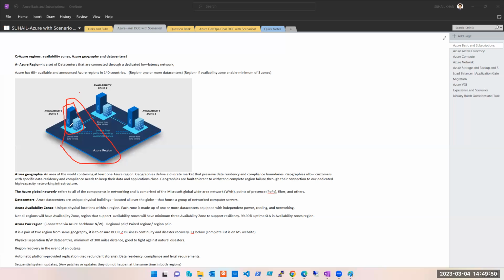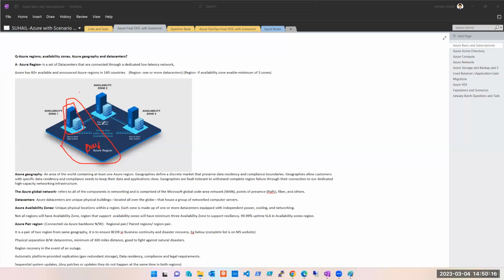The next level of high availability is availability zone, where in one region, for example, this is your Pune region, excuse me for the writing, guys. For this region to be called a region with availability zone, what is the minimum requirement?